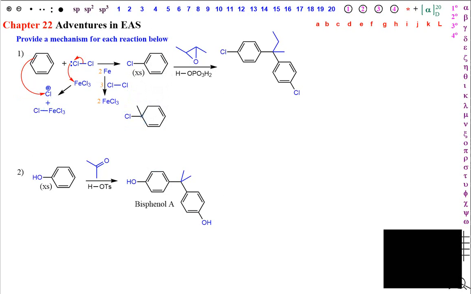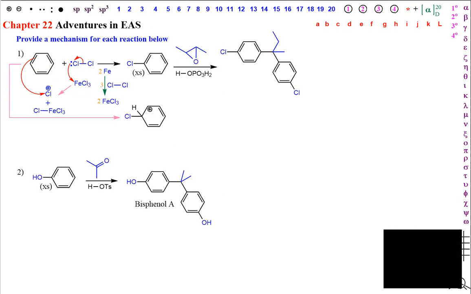It still has the original hydrogen here, and it has a carbocation right here. And that's generated in this step. Benzene becomes a cyclohexadienyl carbocation.